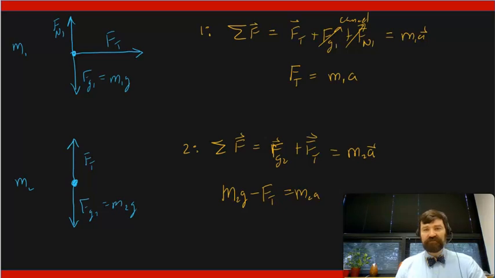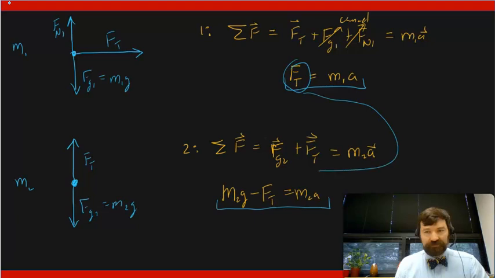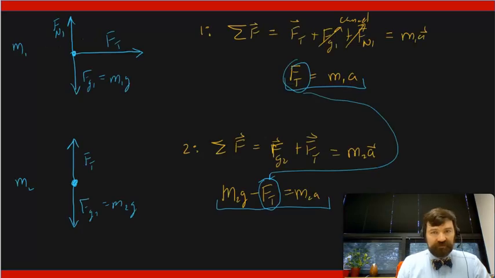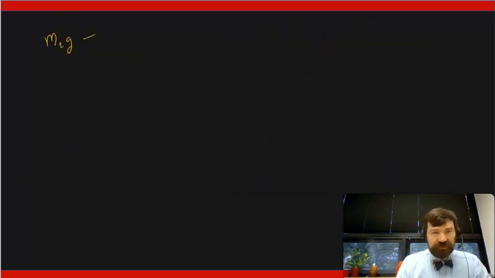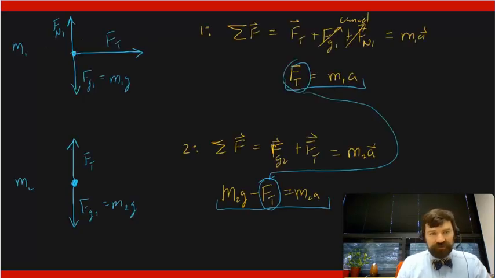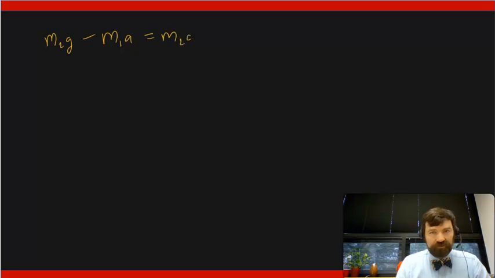Now to solve this system of equations, basically we'll make use of this equation and this equation, and we're just going to substitute the Ft from this equation into the Ft for this equation. So what that ends up giving us is m2g minus Ft, but that is just m1a, so minus m1a is equal to m2a.